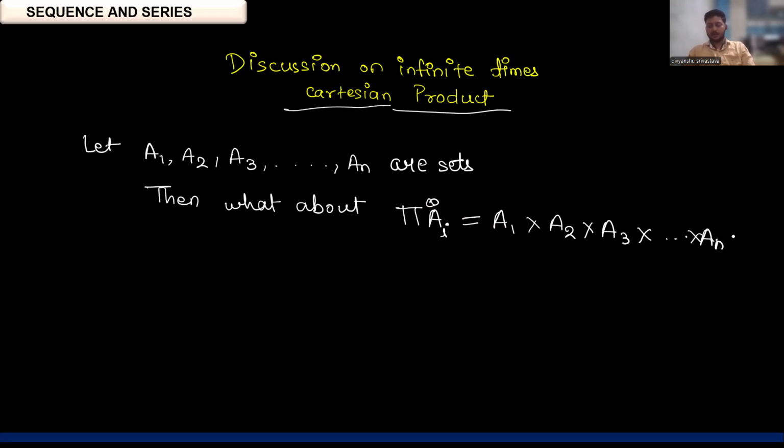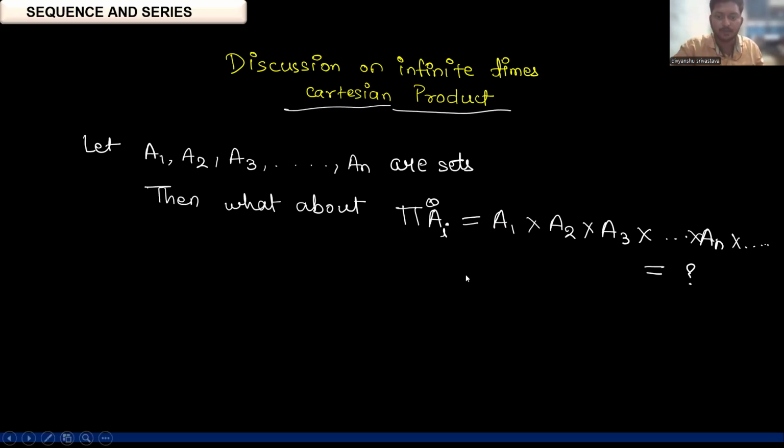So what comes to your mind first? Regarding this discussion, I am talking about an infinite times Cartesian product, how to approach and solve it. Here I consider sets and the infinite Cartesian product of these sets.